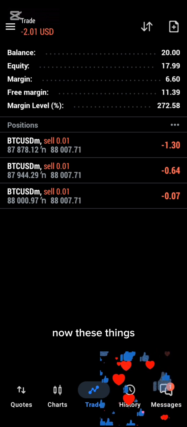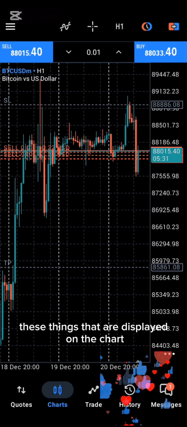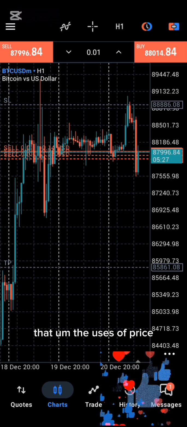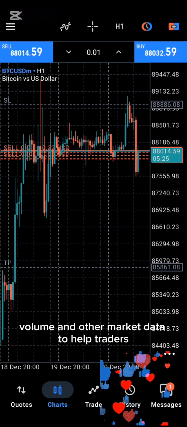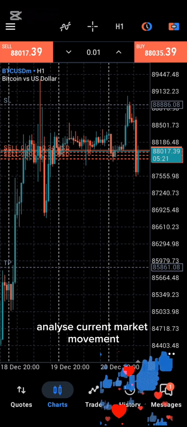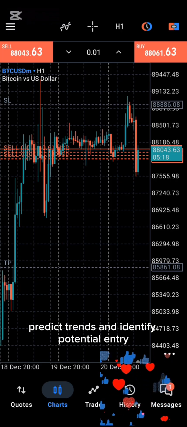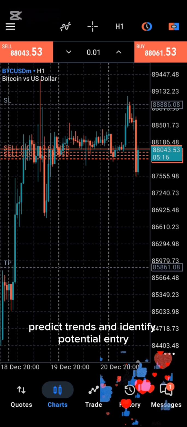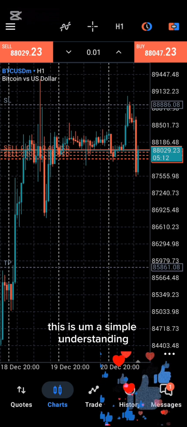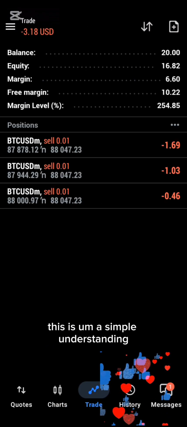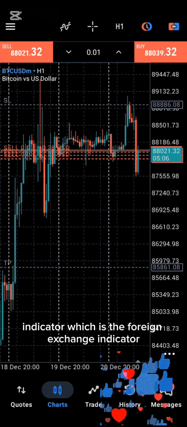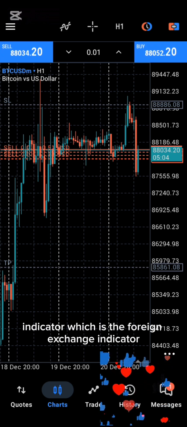These use price, volume, and other market data to help traders analyze current market movement, predict trends, and identify potential entry and exit points of a trade. This is a simple understanding of the forex indicator.